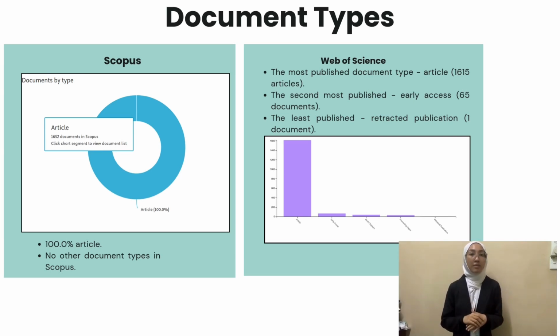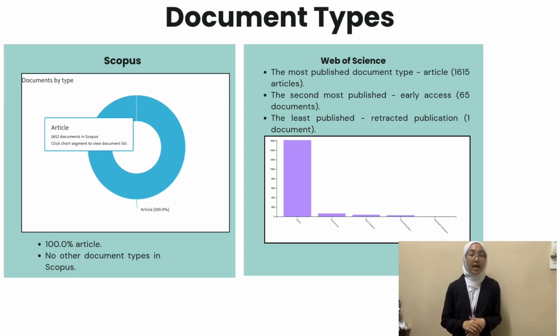Based on the bar chart shown by Web of Science, we can see that there are 5 document types available in Web of Science, which are article, early access, book chapter, retracted publication, and proceeding papers. The highest document type published in Web of Science is article, which has recorded 1,650 documents.